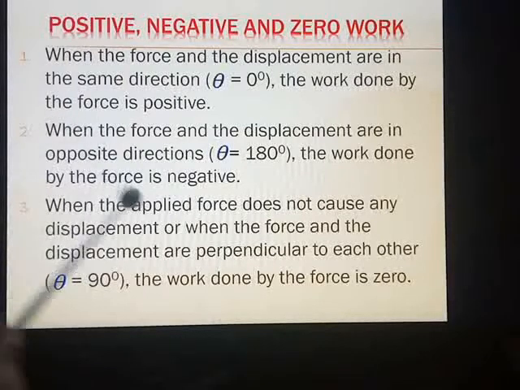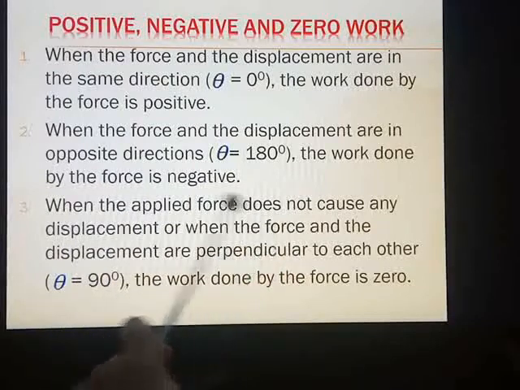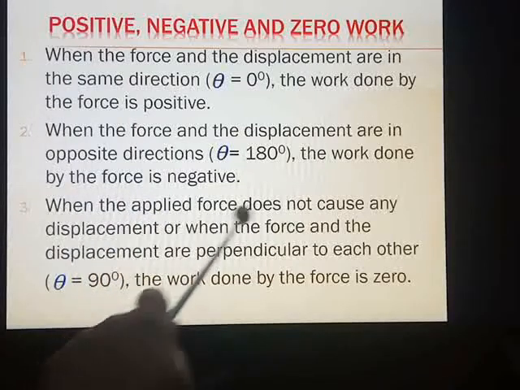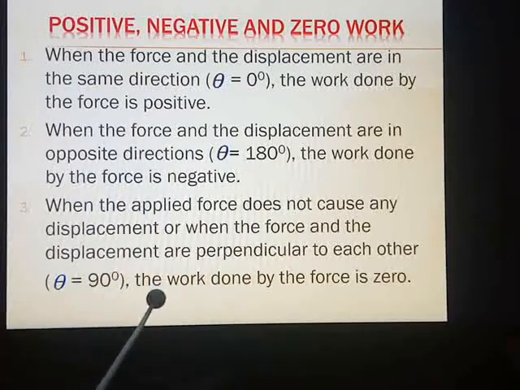Then I can say that the force and the displacement are perpendicular to each other and the work done by the applied force is 0. No work is done by you even though you are applying your entire muscular force, but there is no displacement caused in the stone. The applied force does not cause any movement, then we can say that the work done by the force is 0.